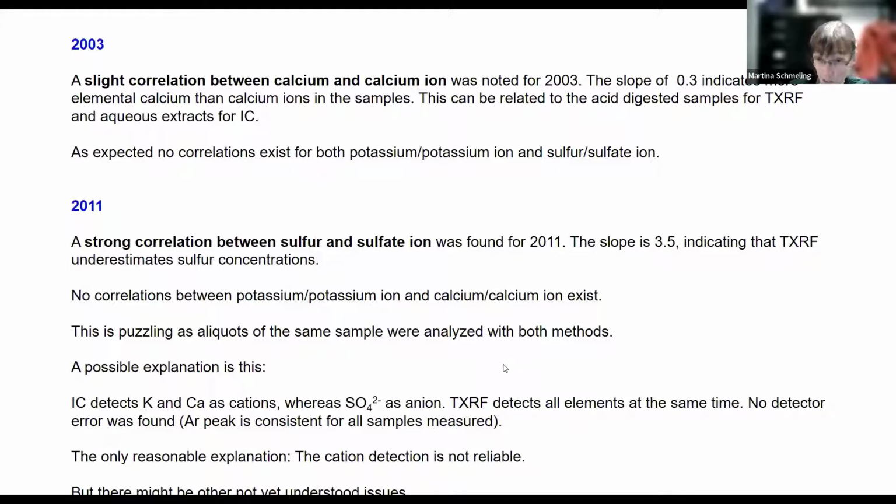So we switched columns obviously between cations and anions, and since the anions are working and the cations not, we are a little bit surprised, and we hope that we figure out what's happening and do some additional data points if possible, but the samples most likely are not measured anymore. So it's not the TXRF in this case.